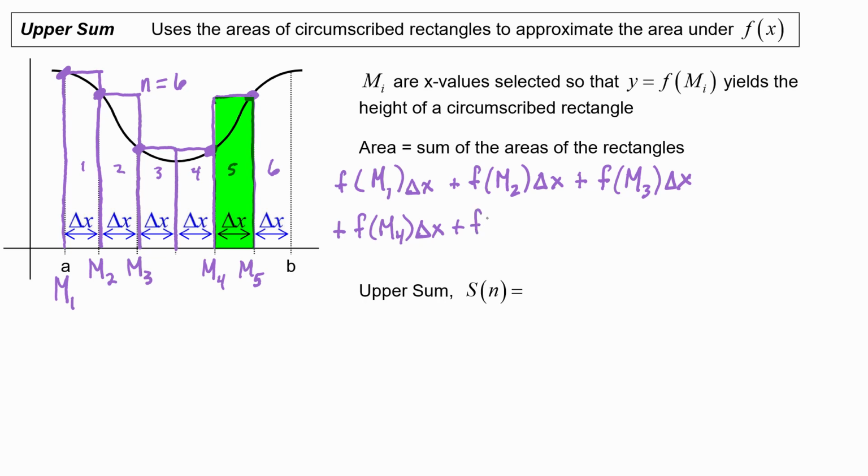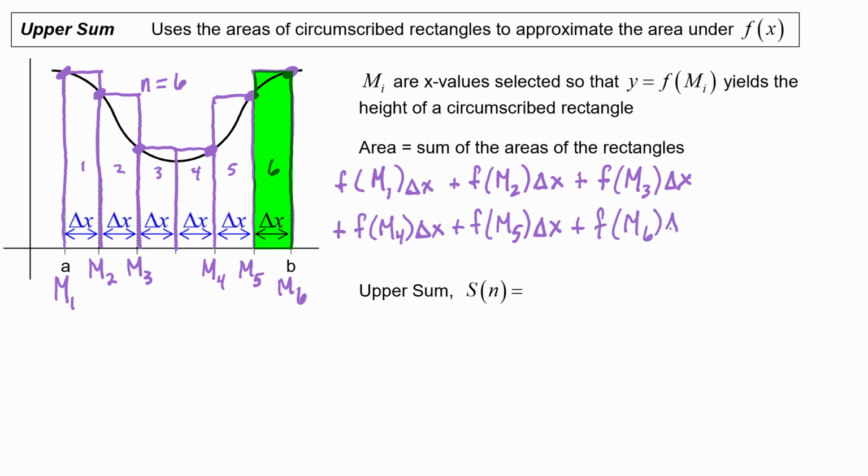So f of M5 delta x plus, for region 6, we have to choose this x value to get the height of the circumscribed rectangle, f of capital M6 delta x.